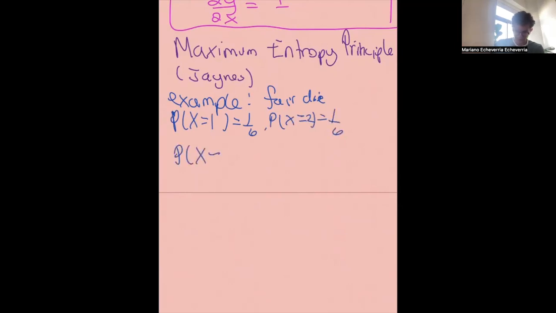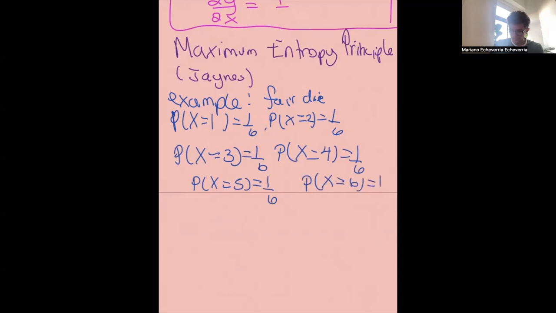The probability that X would be 3 would be 1/6. I'm getting tired, but I'm going to do all of it. Because if it's fair, we take that as synonymous with each outcome being equally likely.